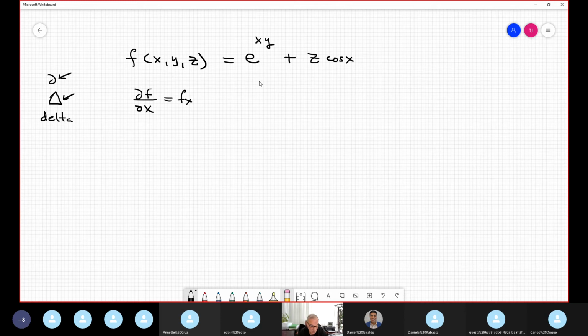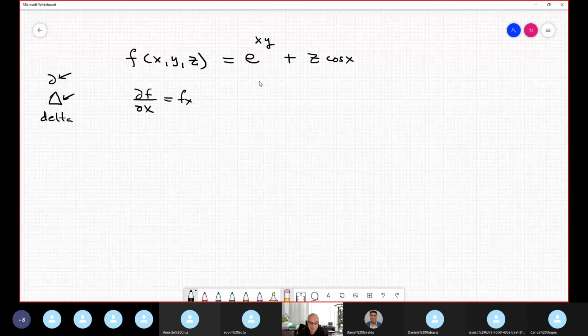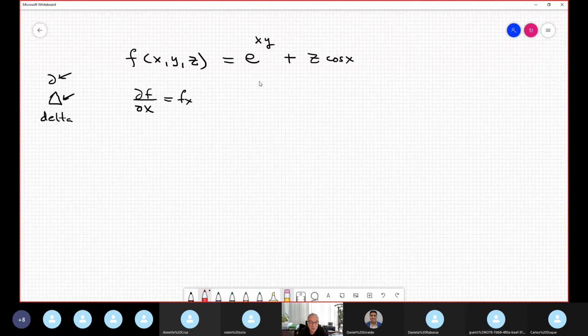So you consider that with respect to x, sorry, that x is the only variable that exists, and the rest is a constant. Okay, so when you differentiate this, exponential is the same exponential, and you differentiate the argument with respect to x and y. So the answer is y e to the xy plus or minus, I don't have idea.